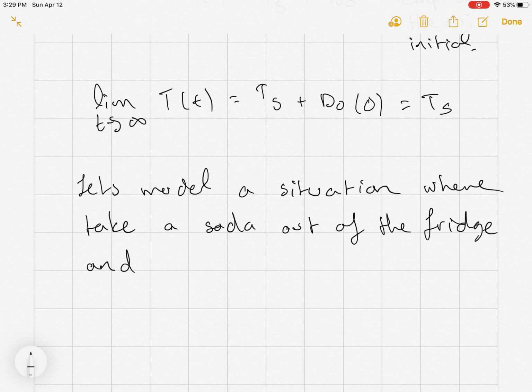So Ts in this situation, we're just going to say is going to be 70 degrees.